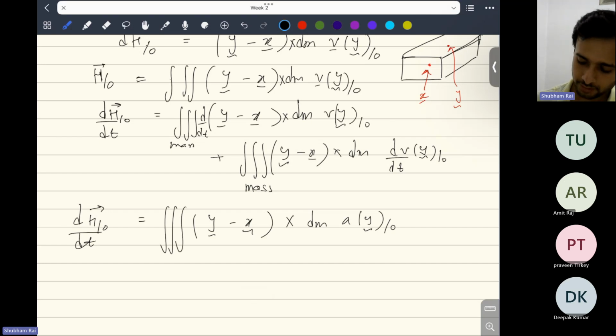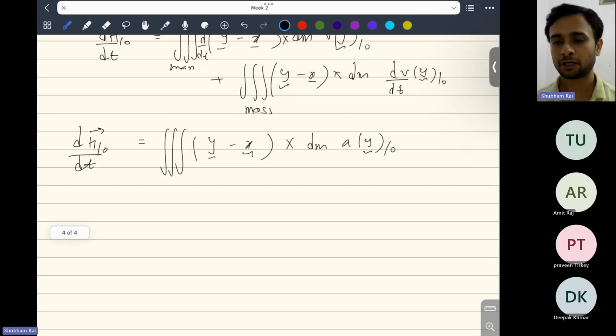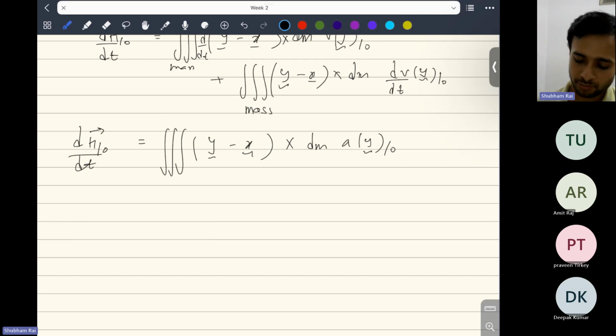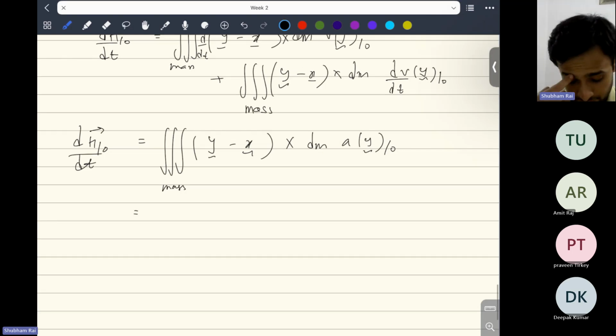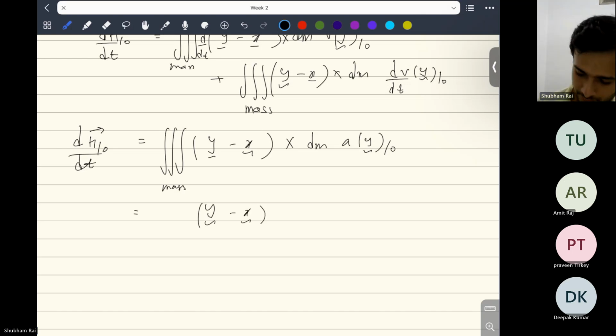Now we would like to shift from the mass integral to the volume integral. So we can just write dm equal to rho dv. In the class you would have seen that dv was d gamma d xi d eta. So I'm just writing rho for dm, times the acceleration, and dv was d gamma d xi d eta.